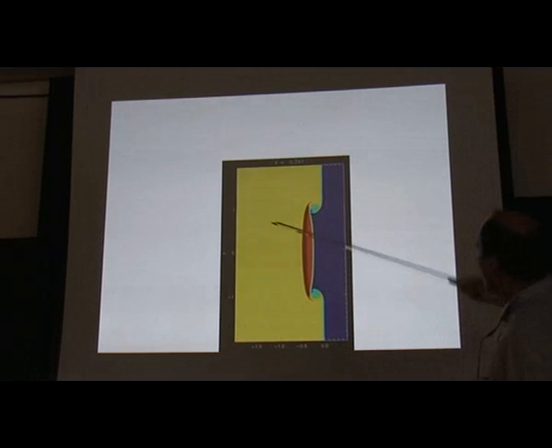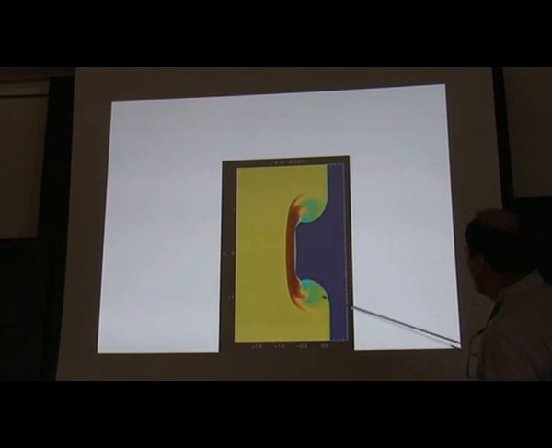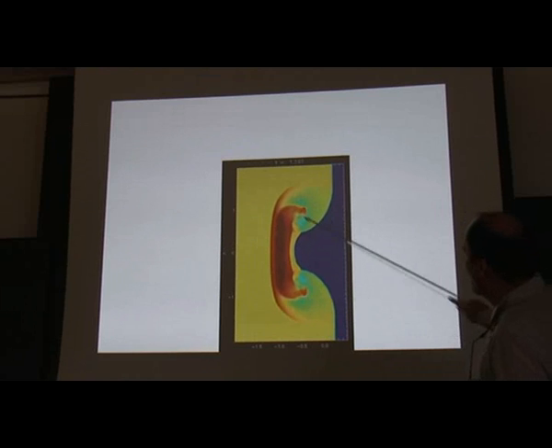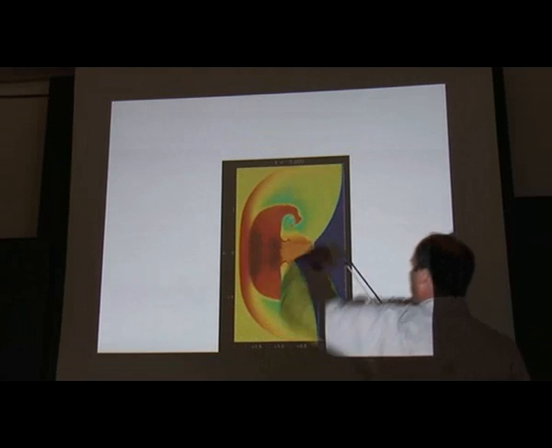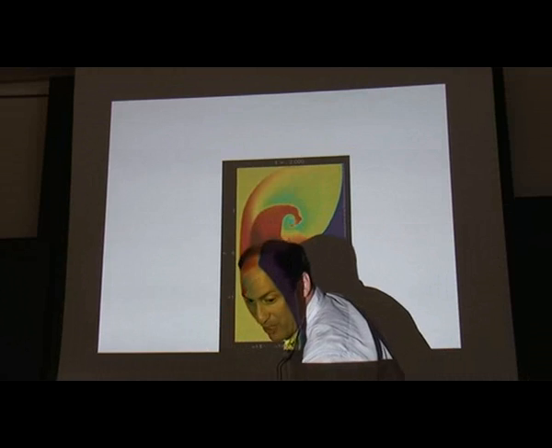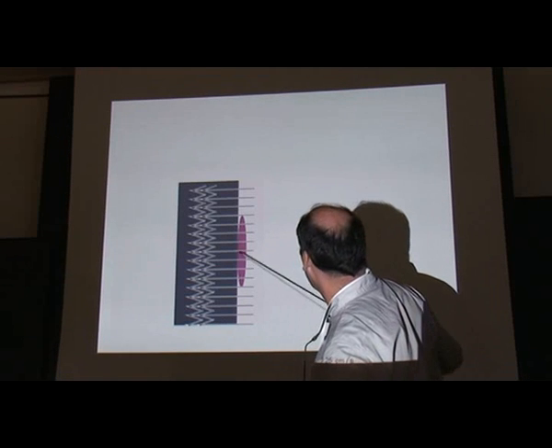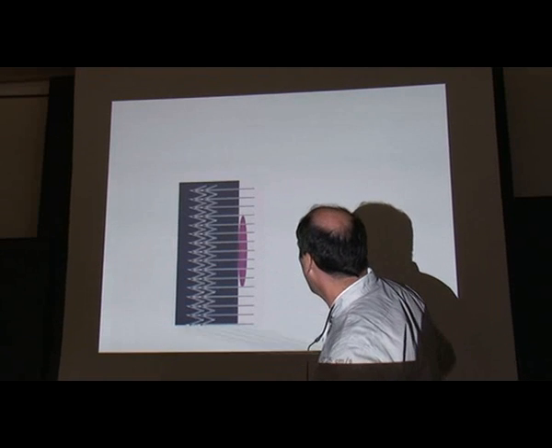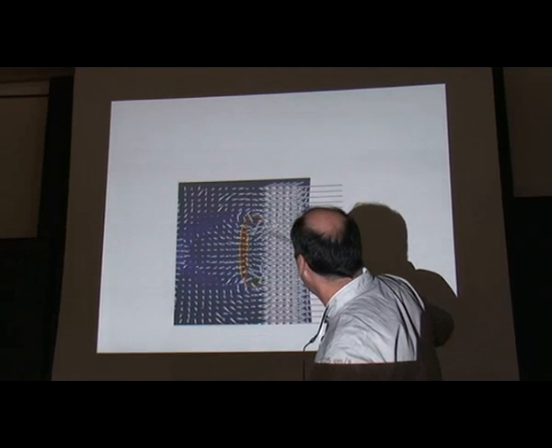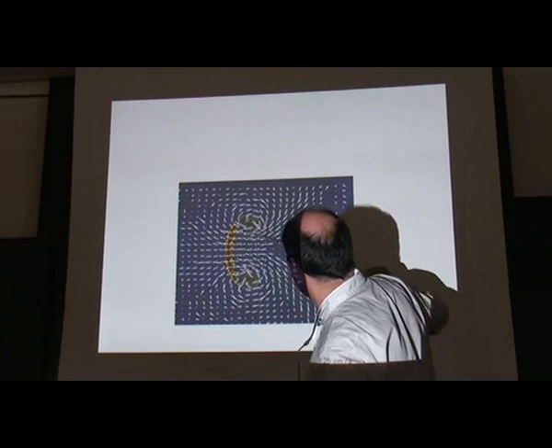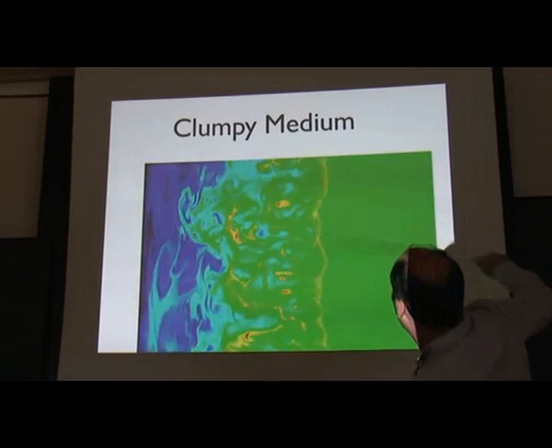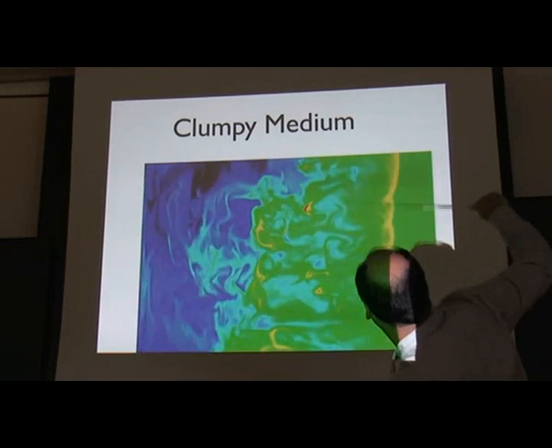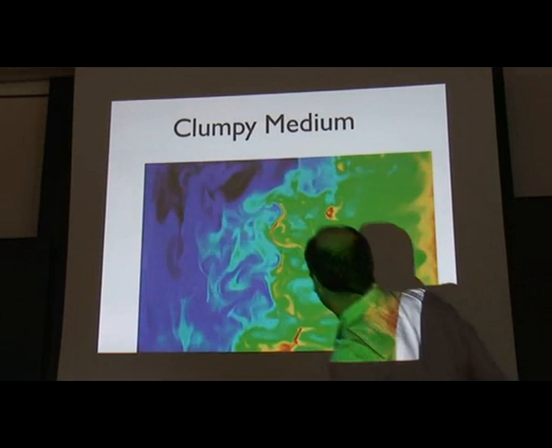And what happens is the shock kind of wraps around the clump and it heals itself. They're very robust, but they generate vorticity in the post-shock flow. And if there's a magnetic field line there, it'll be twisted up. And so this just shows the velocity field of a spherical cloud that's hitting the shock, and it's generating vorticity here. And the idea is that these roll-ups are what twist magnetic field. So that the real blast wave looks something like this. It's hitting lots of clumps, so seed magnetic field is twisted.